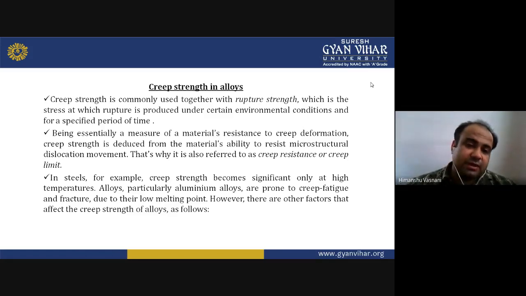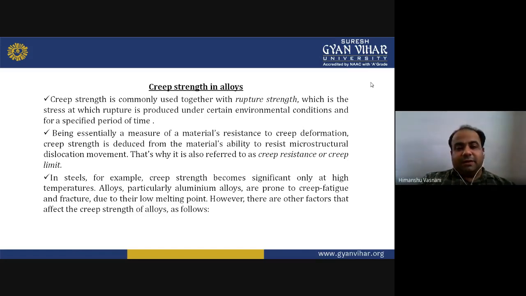Creep strength derives from the material's ability to resist microstructural dislocation movement. That's why it is also referred to as creep resistance or creep limit.